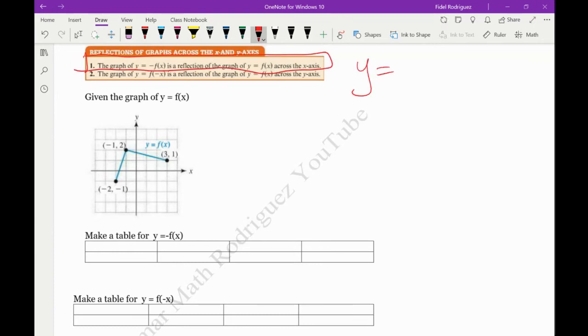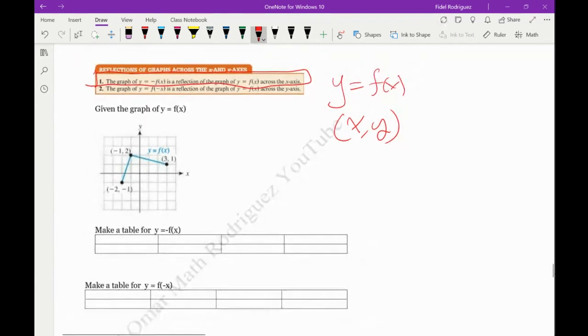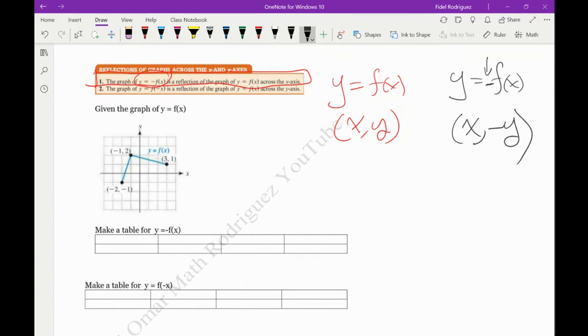Remember, when we have y equals f of x, our points are going to be x and y. But look at what we have here. Now we have a negative in front. So if I have a negative in front of the f, then what my points are going to look like now, they're going to look like this, okay?